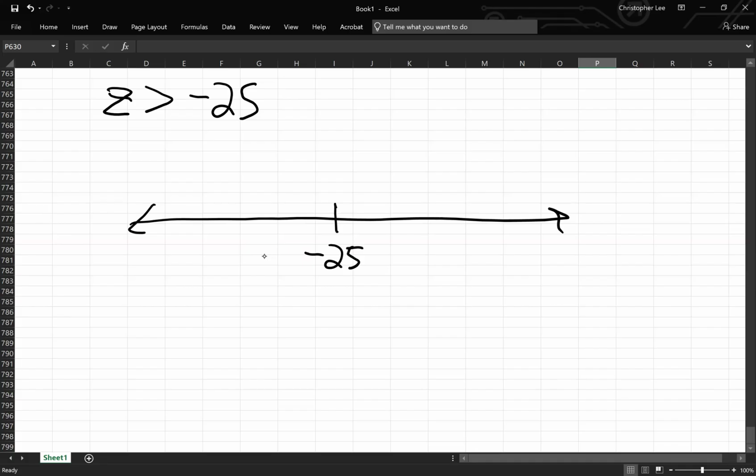Let me just get a couple numbers to the right, a couple numbers to the left, and we're good to go. So to the right, I'm gonna have what? -24, -23, and I'll stop right there. To my left, -26, and then -27. Right? Just to show that I understand that to the right is greater than and to the left is less than. Right? Now, back to what they asked me before.